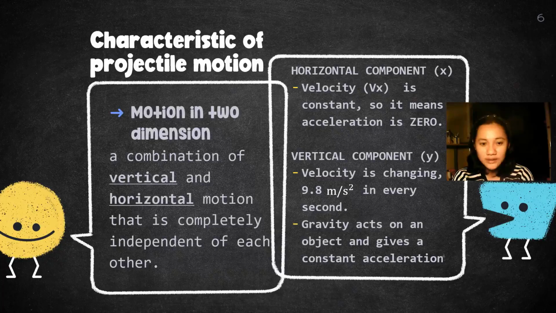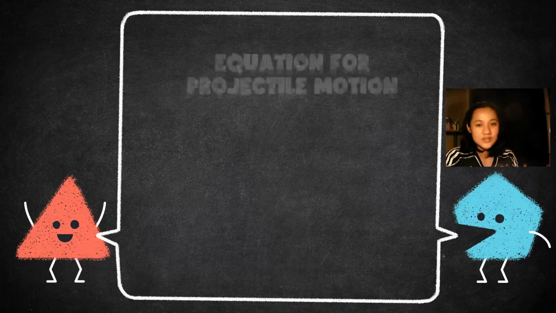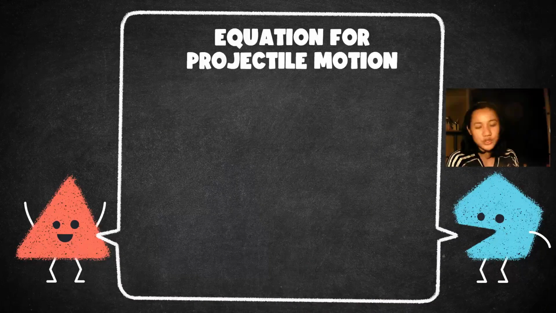Again, so under horizontal component, okay, zero acceleration, while the vertical component, changing yung kanyang velocity. That means acceleration takes place. So let's talk about the equation used for projectile motion. So the equation here under projectile motion is divided into two types.